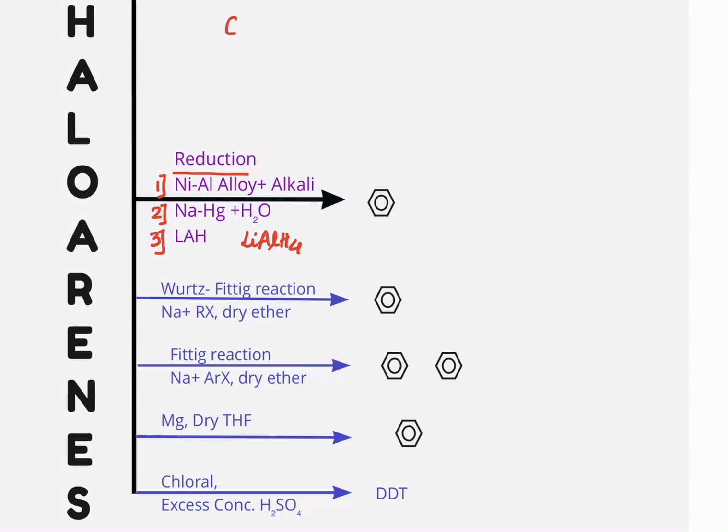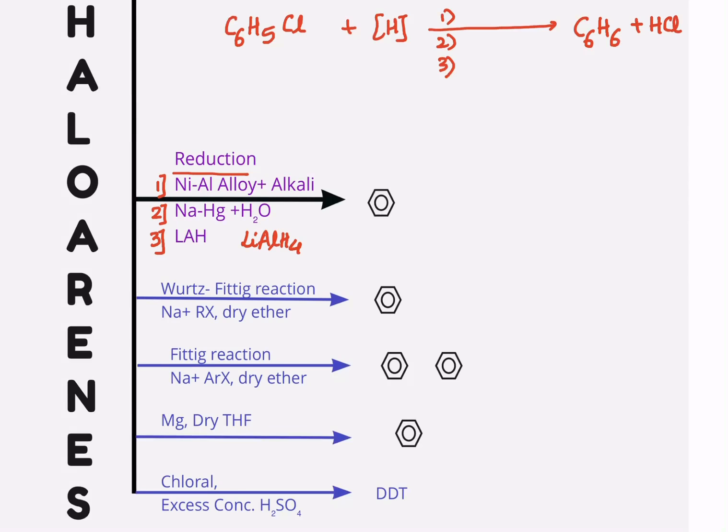So, we can simply write the reaction as C6H5Cl plus, you can represent it by nascent hydrogen. Please write the 3 reducing agents which we have mentioned, and of course, the product of reduction is C6H6 benzene plus HCl.